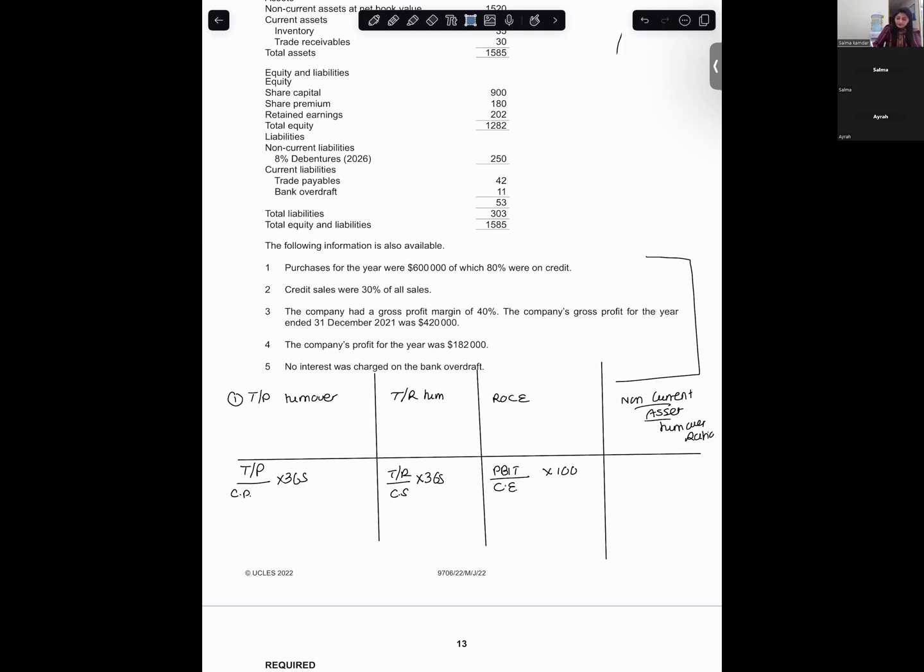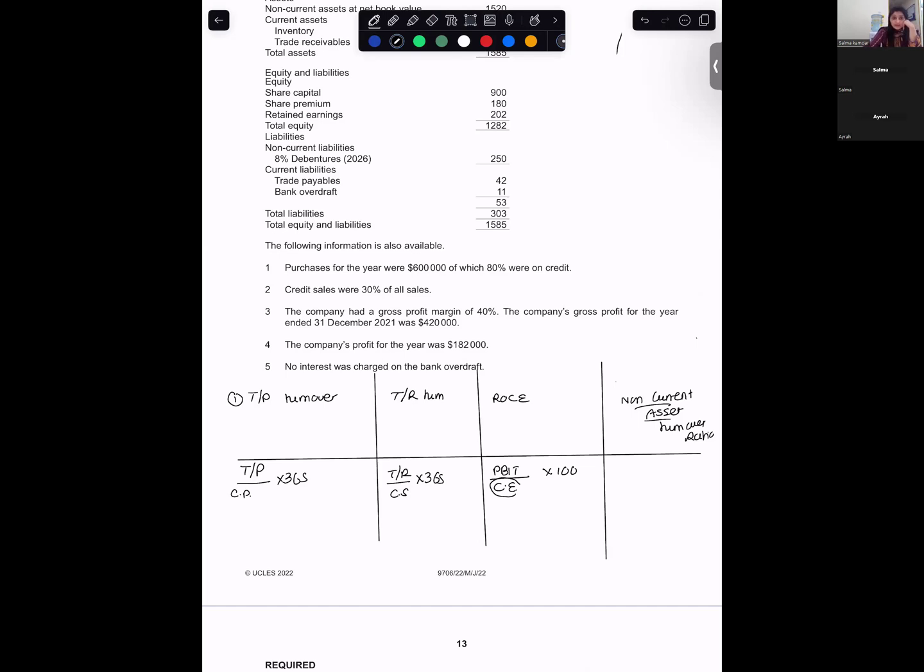How do you get capital employed? Non-current liabilities minus current asset? Capital employed is the money that is used in the business.